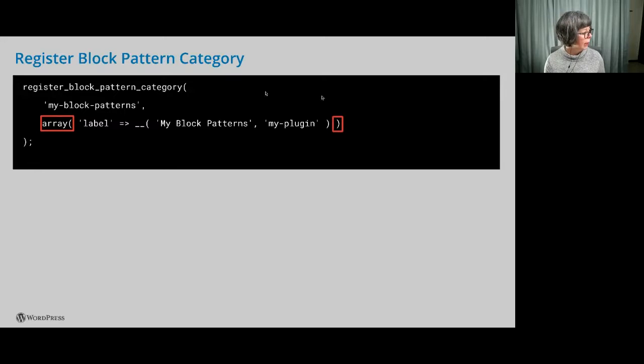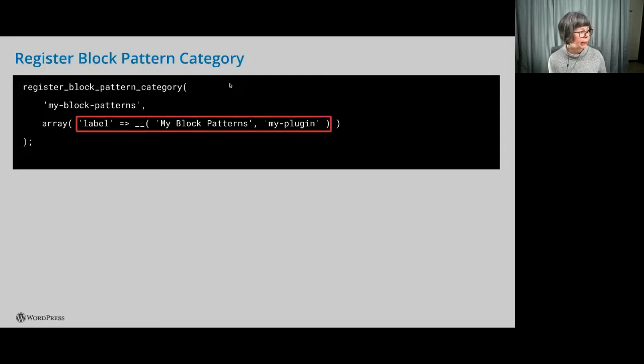So in this case, the category name is my-block-patterns. That's basically like the permalink. It's not really a permalink, but it's the ID that WordPress is going to use to identify this. And then the array of properties in this case just has one property, and that property is the label.